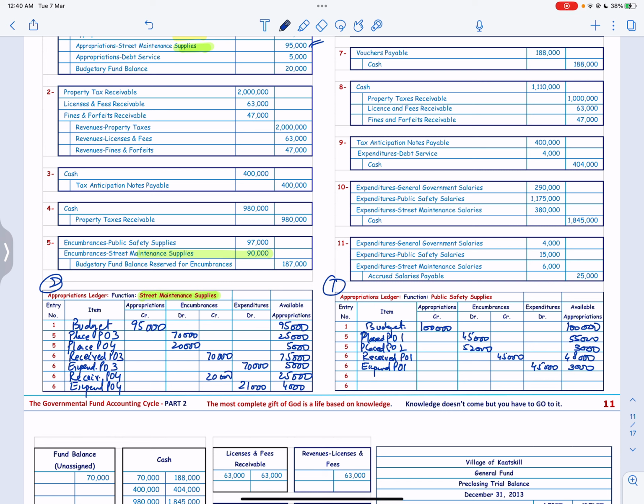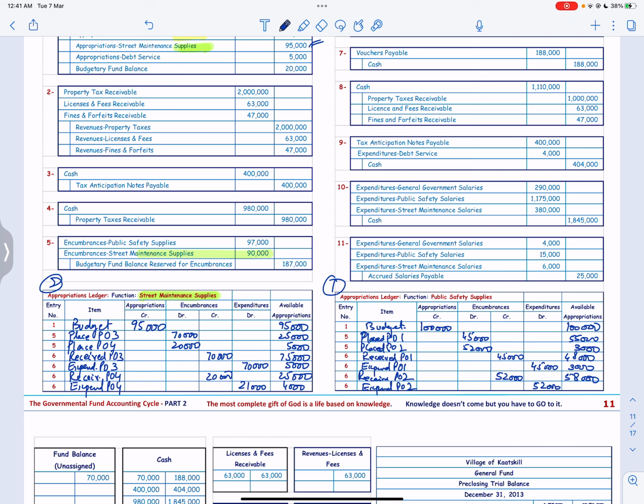And then we receive purchase order number 2, and when we receive purchase order number 2, again the encumbrance will be reversed. This becomes 52,000 and that becomes 58,000. And now we are going to record the expenditure for purchase order number 2, that is for 52,000.